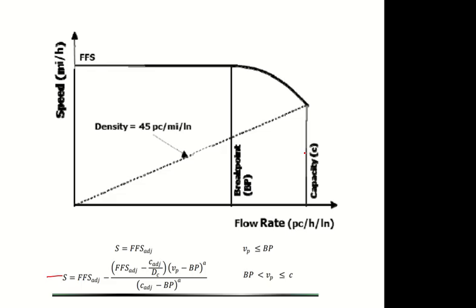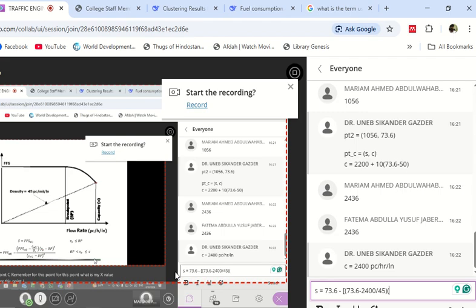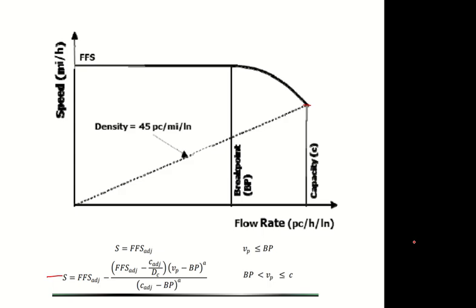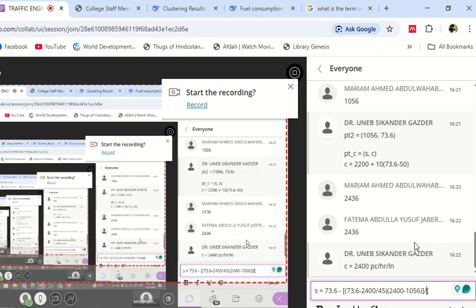For this point, I am doing it for point C. Remember, for this point, what is my X value? Capacity. So here for this point, I will put VP equals to capacity. Okay, only for this point. This is my break point. I have a power here.